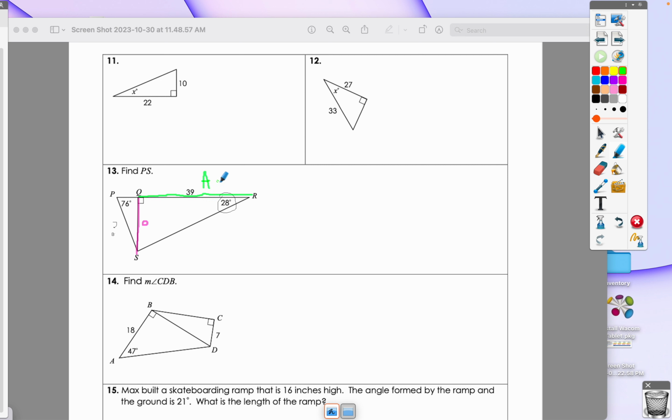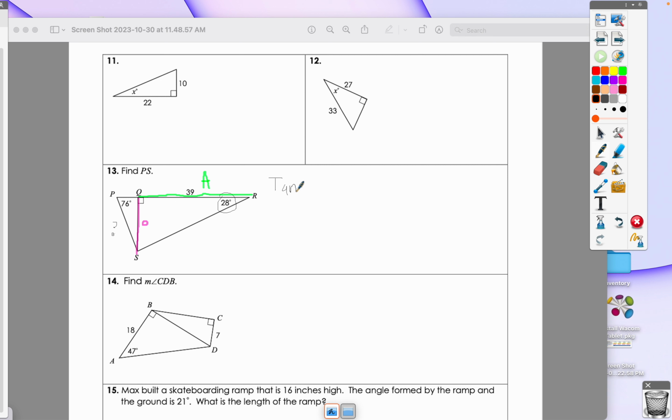All right, so this helps me pick the formula that I'm going to use to find QS. And I'm looking for the formula that has an O and an A. So that's going to be your tangent, because tangent is opposite over adjacent. So everybody put tangent of theta.